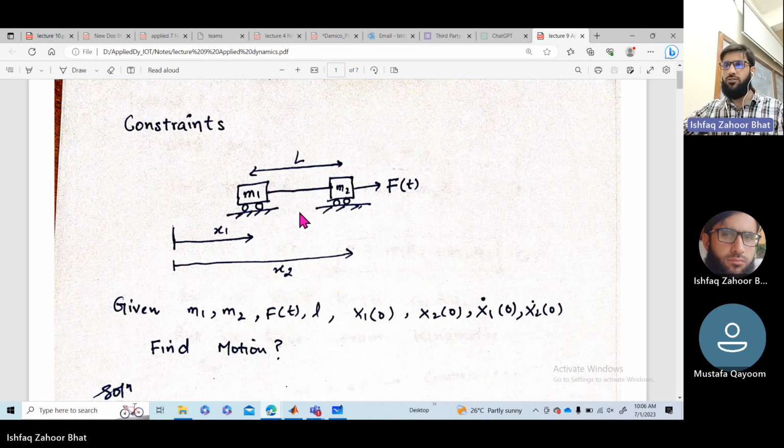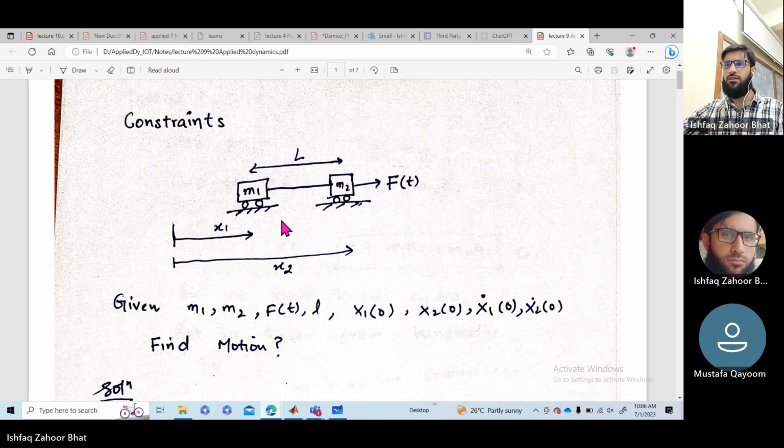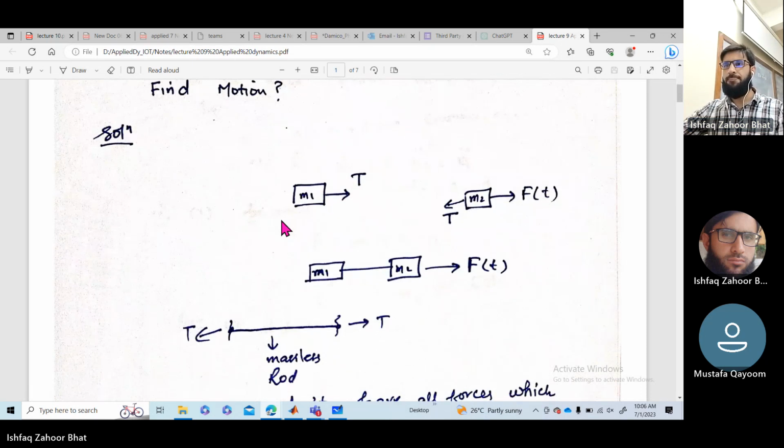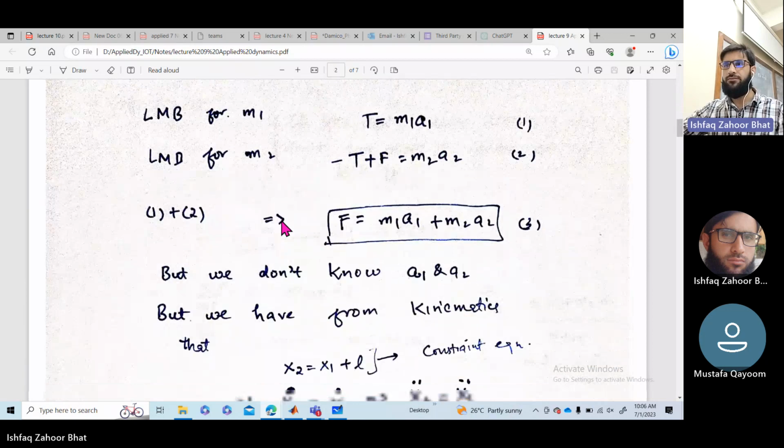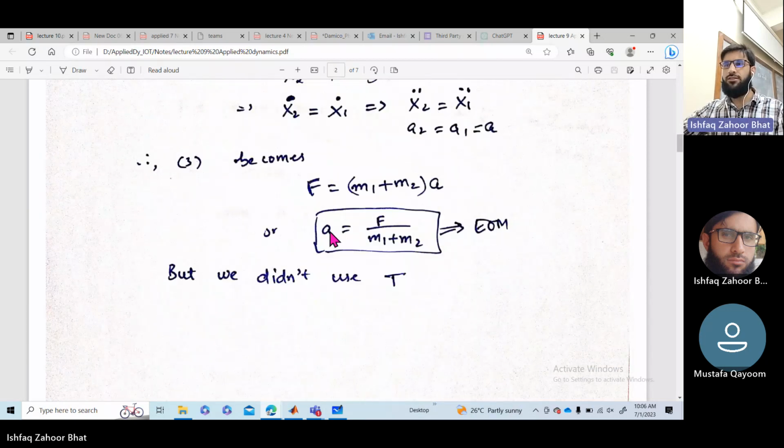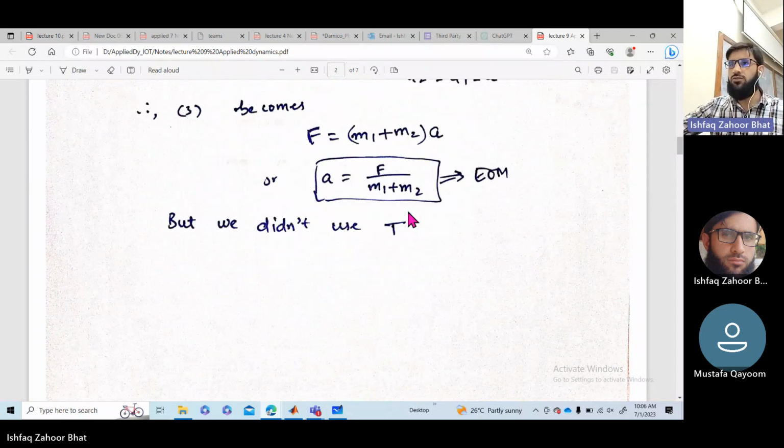We solved this constraint problem using various methods, and finally we got this expression equal to F divided by M plus M. So we can use this to simulate this system.